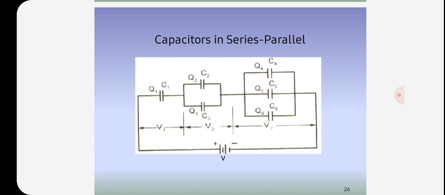In a parallel connection, the total charge must be equal to the algebraic sum of charges in all capacitors, that is Q is equal to Q1 plus Q2 plus Q3.